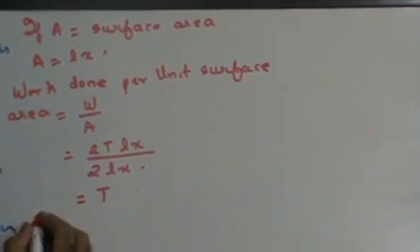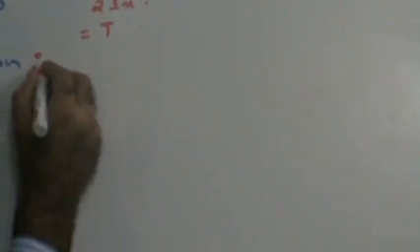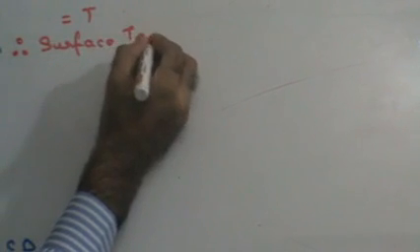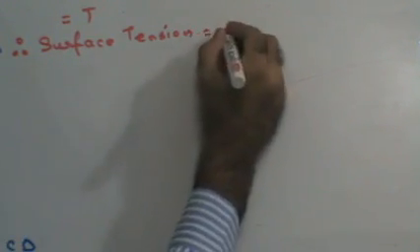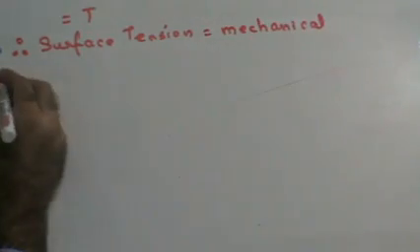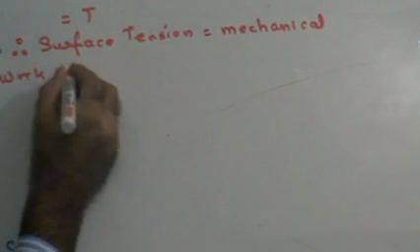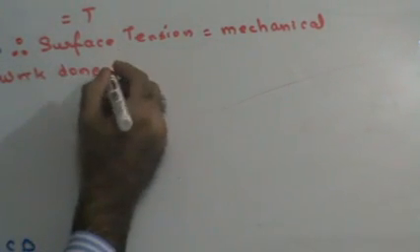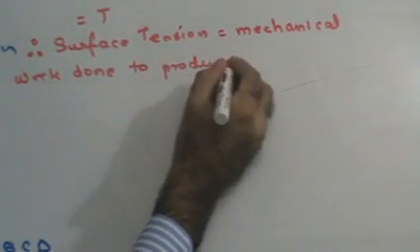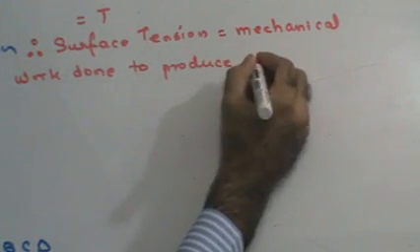So this relationship shows that surface tension is equal to the mechanical work done to produce unit area of surface liquid.